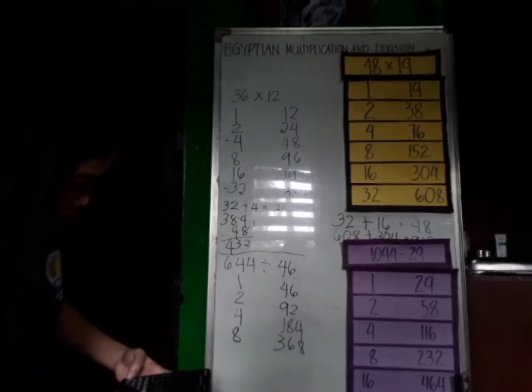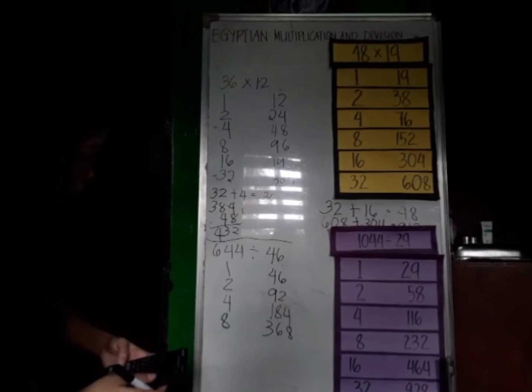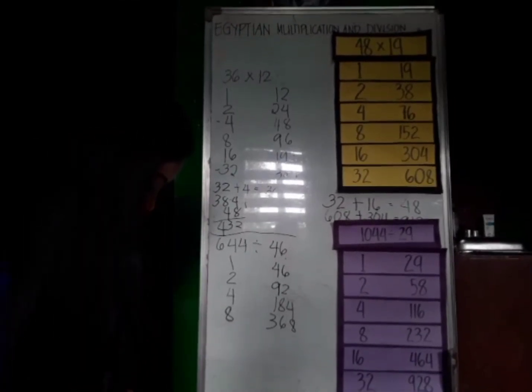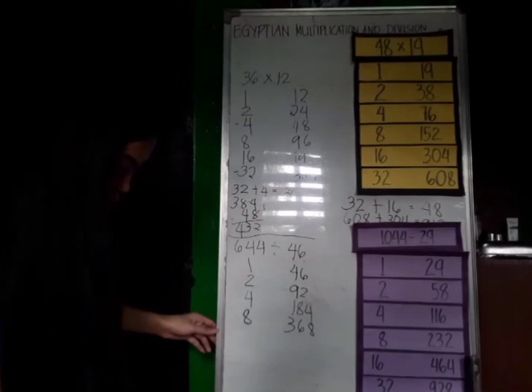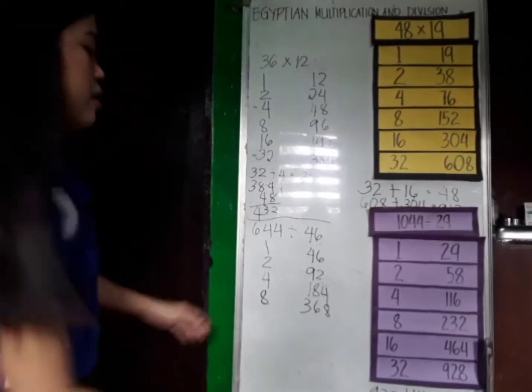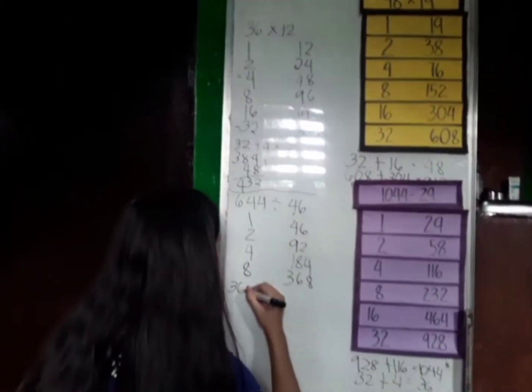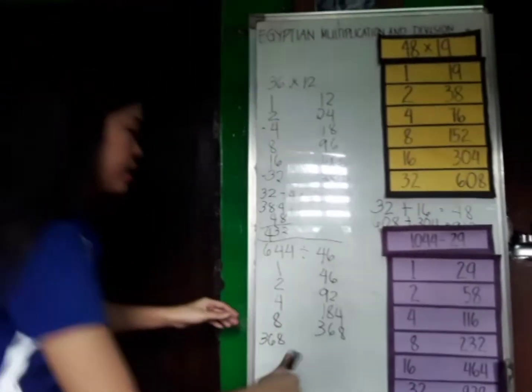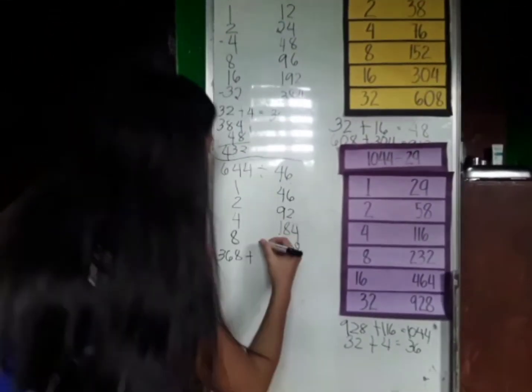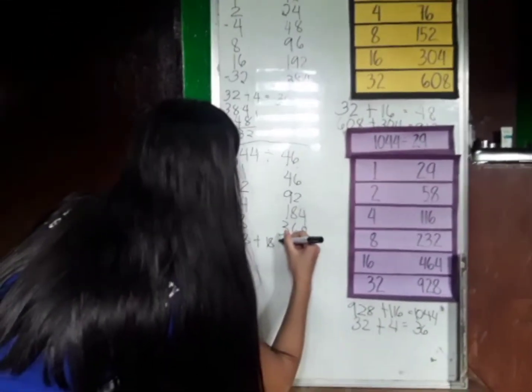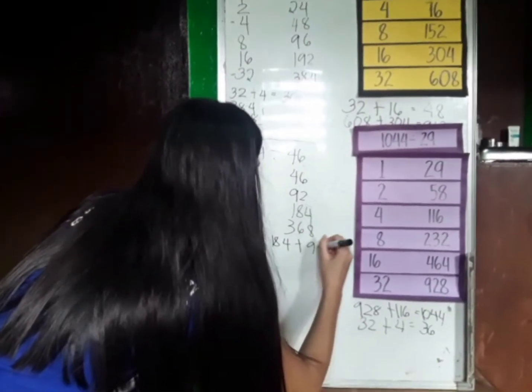Let's say we're going to use 368 plus 184 plus 92.